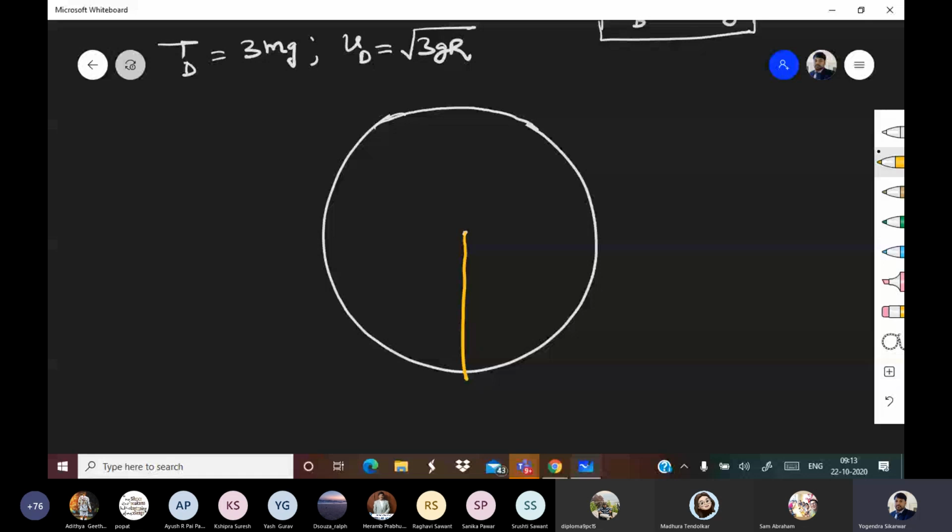It is connected to a string. So when it is connected to a string, then VA minimum should be root of 5 GR and tension TA should be 6 mg. This is the minimum value. If it is more than that, we have no issue. If it is less than that, the vertical circle will not be completed.